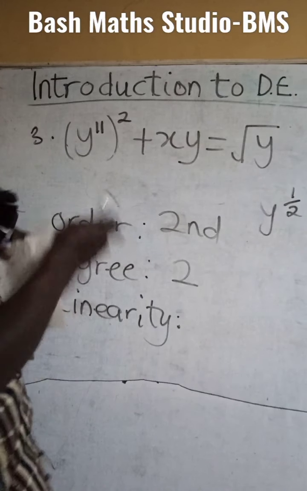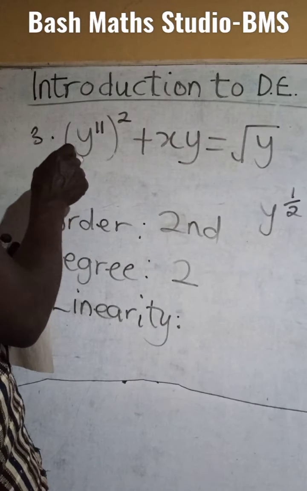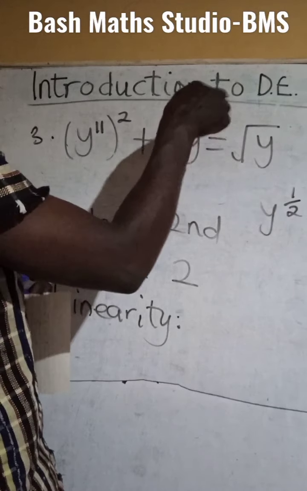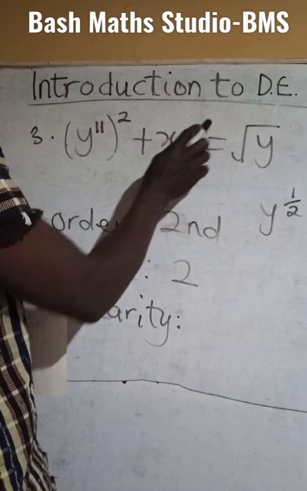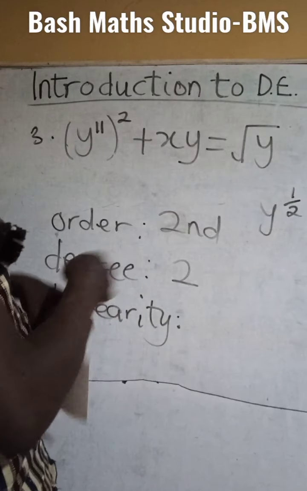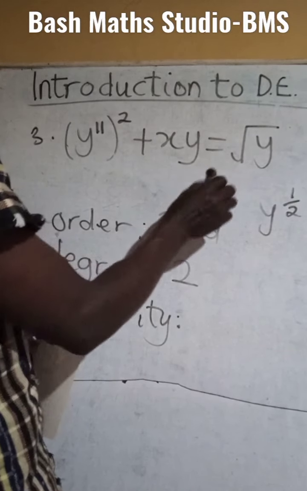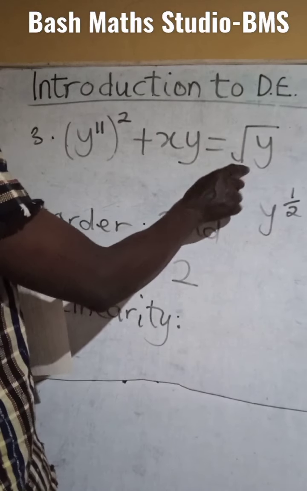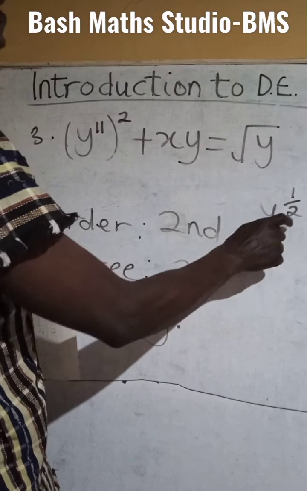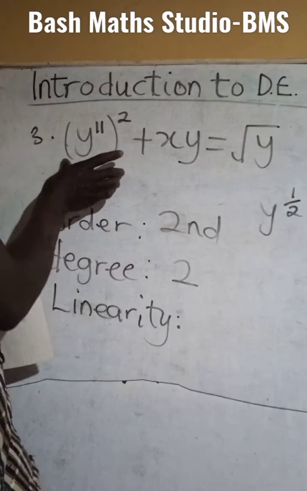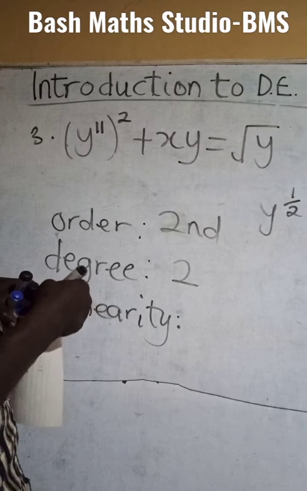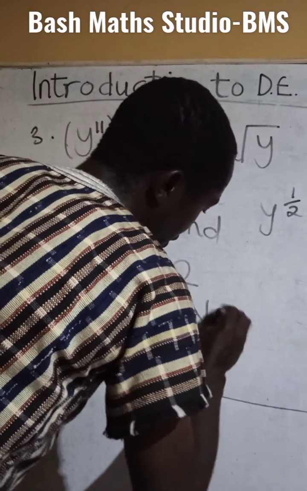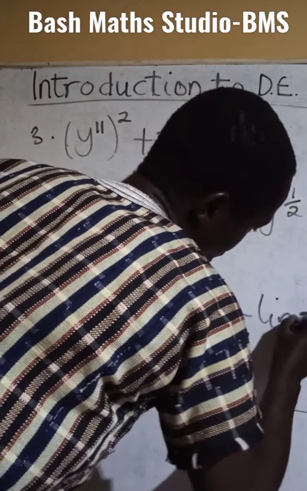So anytime that you have the unknown function or the dependent variable whose power is not equal to 1, if it is less than or greater than 1, we say that it is nonlinear. So you see that this one is of power half, which is not equal to 1, so it's nonlinear. And then the highest derivative is also power 2, so we say that it is nonlinear.